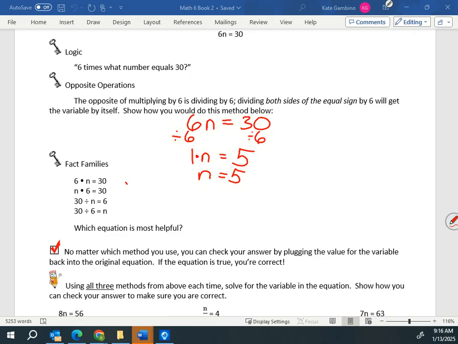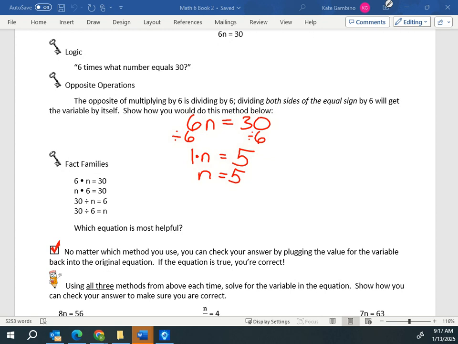Our last way of solving these equations is doing the fact families. So our fact families for 6 times a number equals 30 would be 6 times n equals 30, n times 6 equals 30, 30 divided by n equals 6, and 30 divided by 6 equals n.